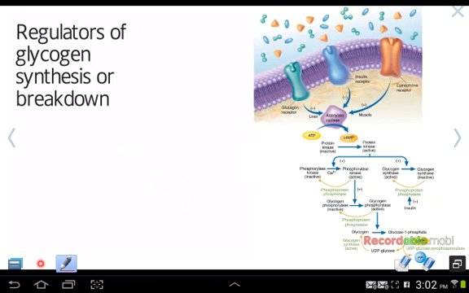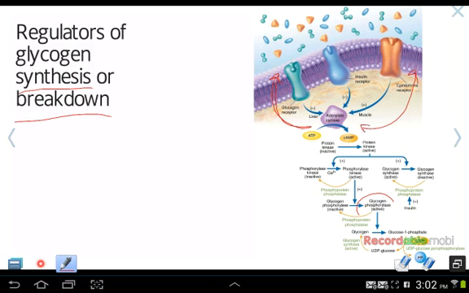The synthesis or the breakdown of glycogen is regulated through a number of different cofactors. Remember, like I said, glycogen phosphorylase can be activated through phosphorylation. Phosphorylation occurs in the cell initially activated either through glucagon receptors in the liver, or if this is the muscle cell, it's activated through epinephrine.